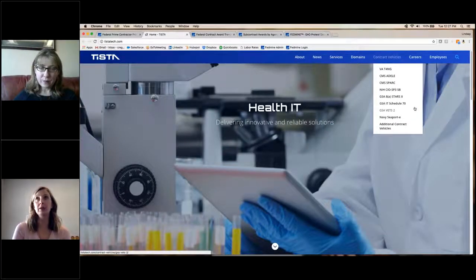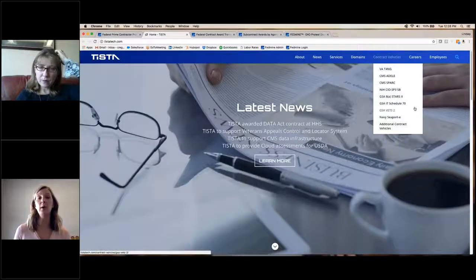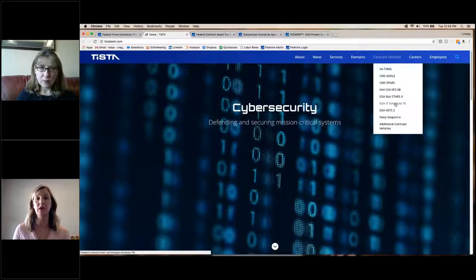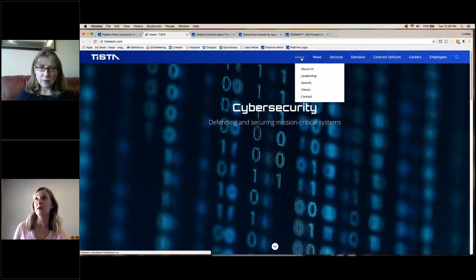So we do have subcontracting data, but the GWAC portion of the company profile is showing the primes. It's showing the GWACs that they're a prime on. So that's a really good point. On the website, you'll see there are additional GWACs, and that is likely because they're a subcontractor on these GWACs. Thanks for pointing that out.